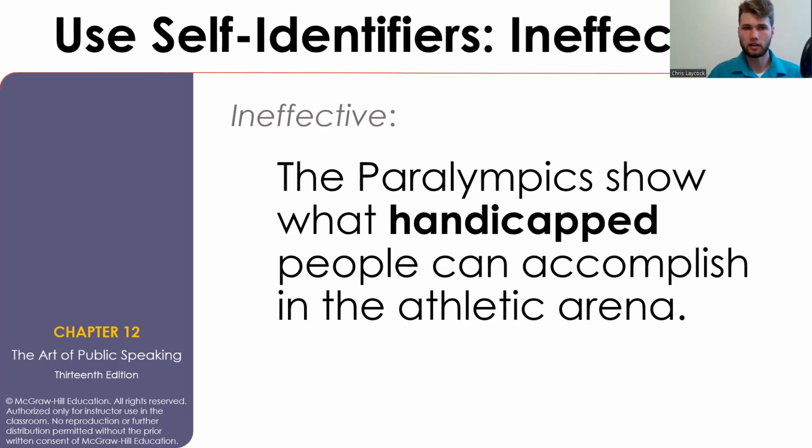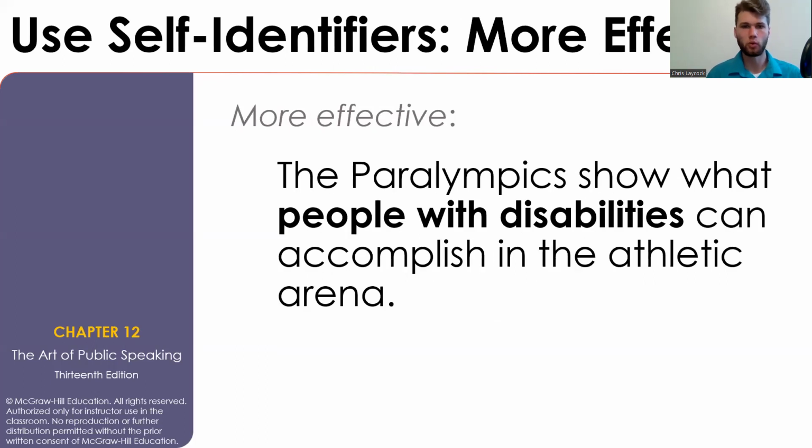Okay, finally, how would other people identify themselves? Those are the terms we should use. The Paralympics show what handicapped people can accomplish in the athletic arena, versus the Paralympics show what people with disabilities can accomplish in the athletic arena, right? Handicapped is not a very good term to use. Back in the day, people used to use the word crippled, and we obviously don't want to use that because it implies some type of deficit.